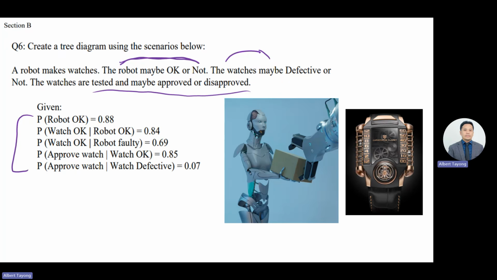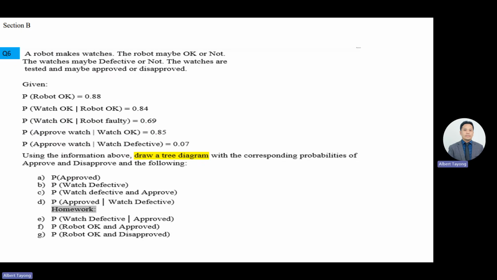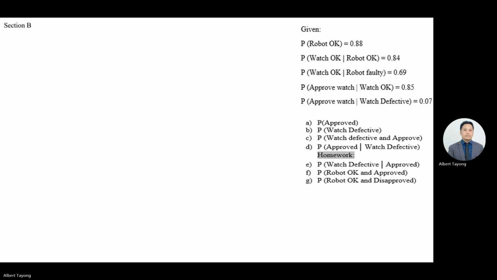So to create a tree diagram, we have to be very careful here. We're going to start with the first, which is 0.88. We have to draw our tree diagram. So let's start with P, robot is okay, that is 0.88.